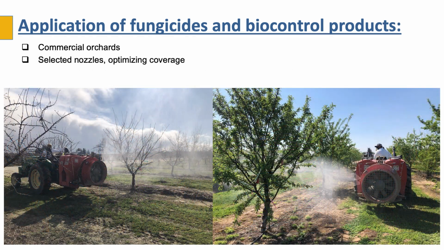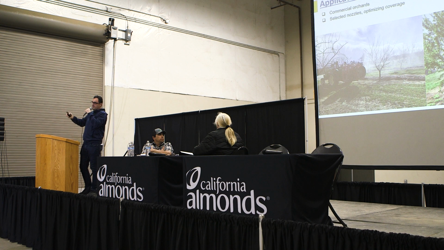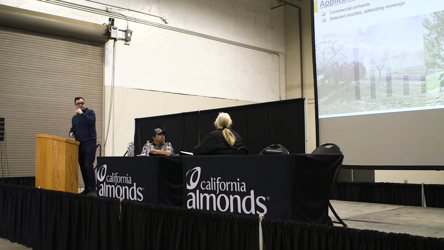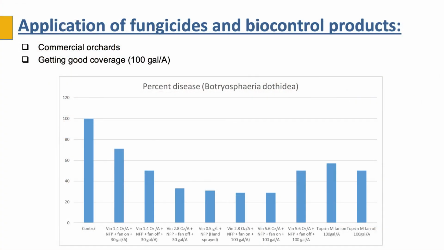So in recent years, we evaluated more conventional commercial sprayers, with what we had at Kearney. The idea was to do our pruning cut, come with the sprayer, test different volumes, and see if those were efficient for both something like Topsin or the biocontrol agents. What we see is that at 100 gallons per acre, we were able to control the disease.